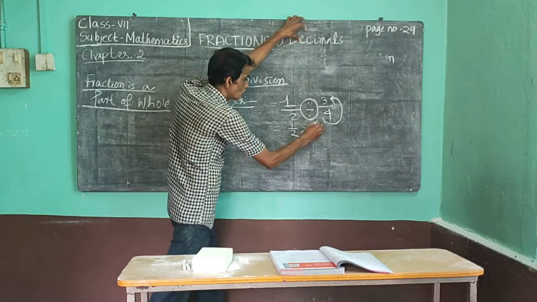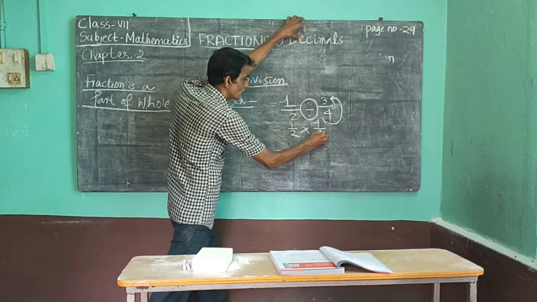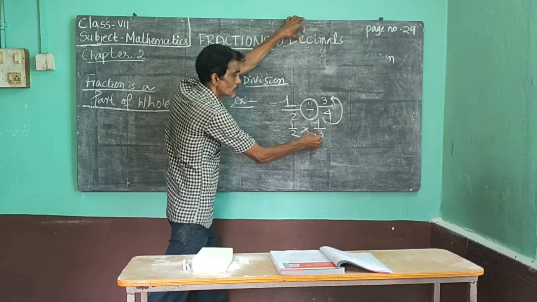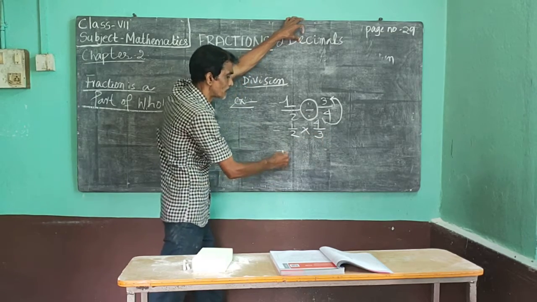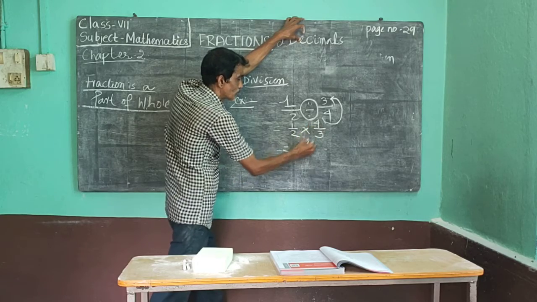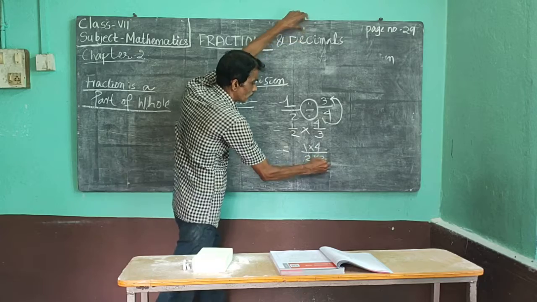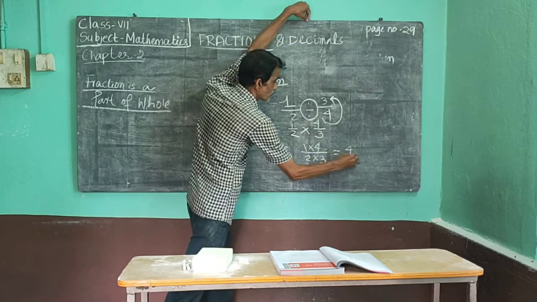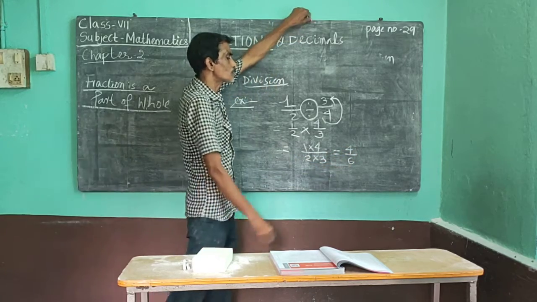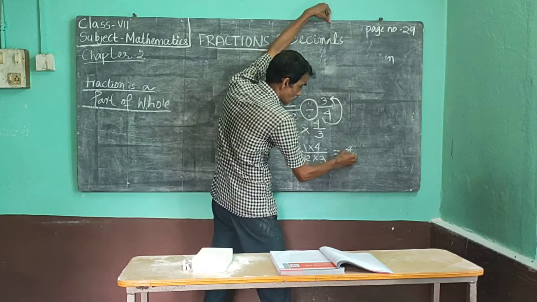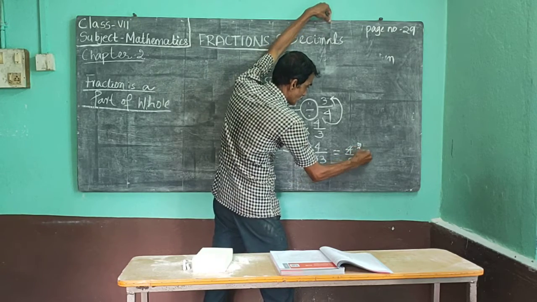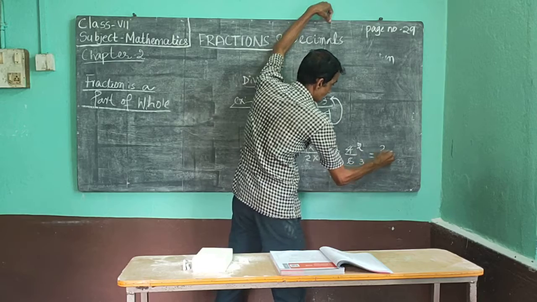That means 4 will go up and 3 will come down. Then multiply. How are you multiplying? That means 1 multiplied by 4 divided by 2 multiplied by 3. 4 upon 6. If you want to write it in reduced form, in simplest form, then you can write your answer.